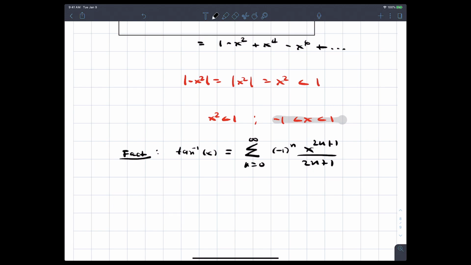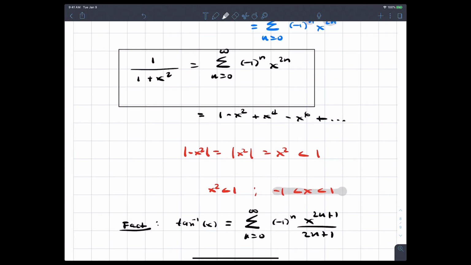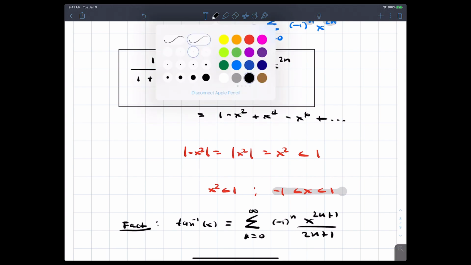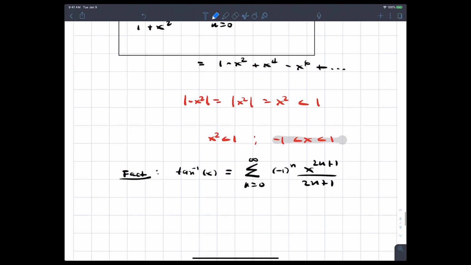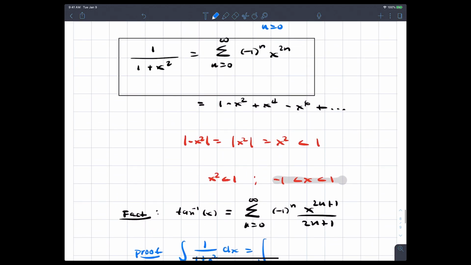And how you actually do that is by integrating this particular power series, right? So here's an example of the integration property to prove this fact. So if I said to you, okay, we're going to prove this expansion, we know that when we integrate the function 1 over 1 plus x squared dx, that's the integral of the power series expansion.